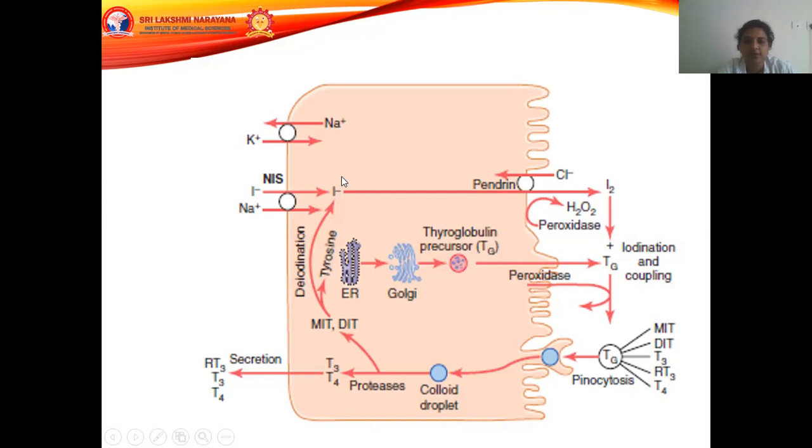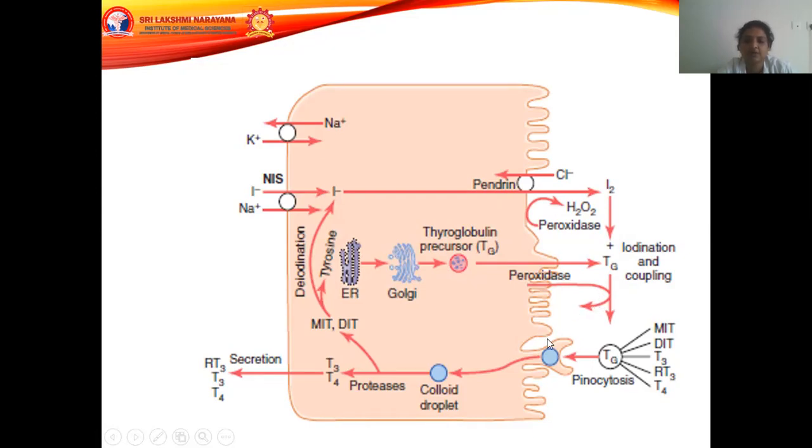This iodide ion enters into the colloid with the help of pendrin. Then side by side, the thyroglobulins are produced, and they also enter into the colloid. Inside the colloid, there are iodination and coupling reactions taking place, and the formation of the complex occurs.